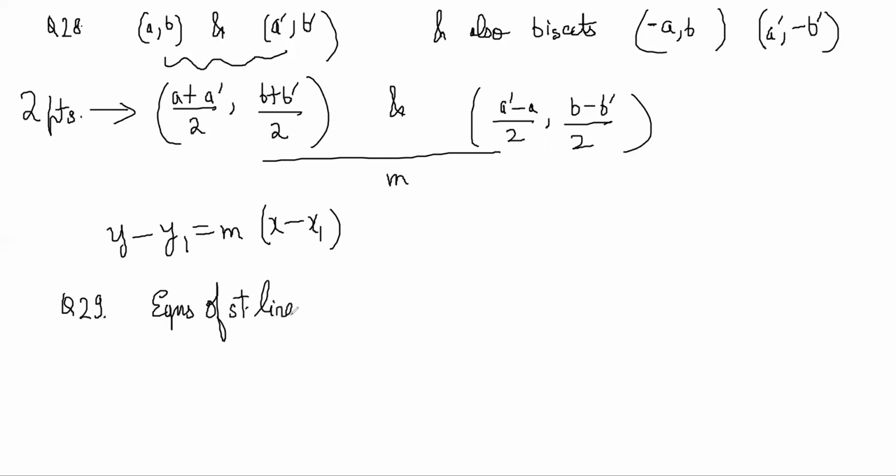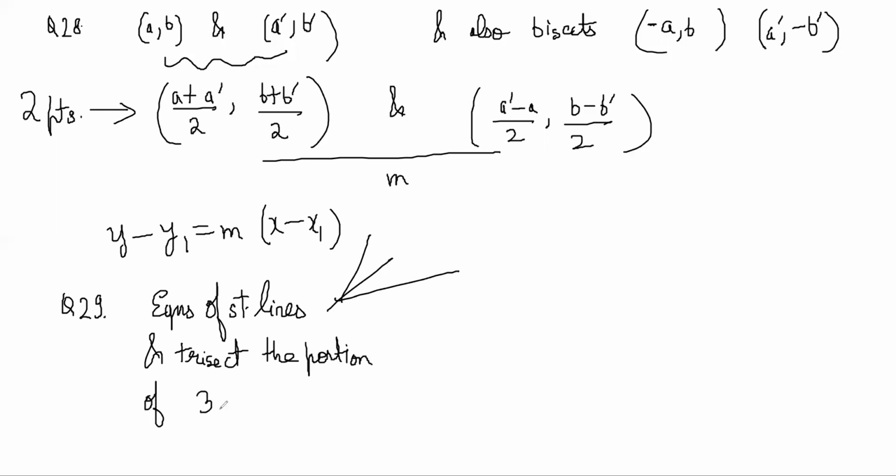Basically two or more straight lines which pass through the origin and trisect the portion of the straight line 3x plus y is equal to 12, which is intercepted between the axes. Okay, I can solve this one now.